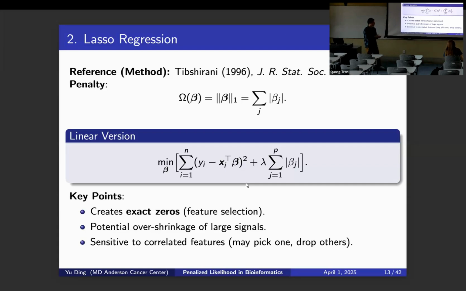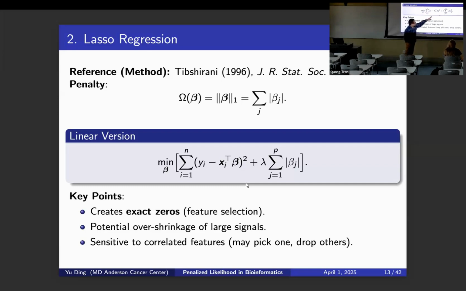Compared to ridge regression, which is the sum of square of each value of beta. So lasso regression, or L1 norm, is the sum of absolute value of beta. And still, I am using linear regression as an example, and we see how lasso regression gets incorporated into the loss function of linear regression, right?